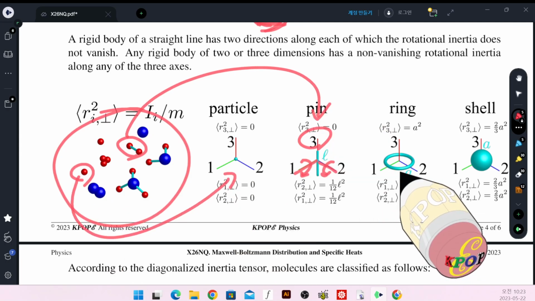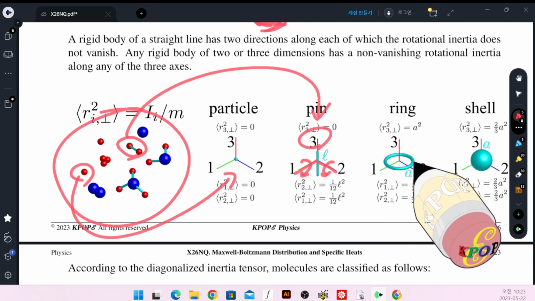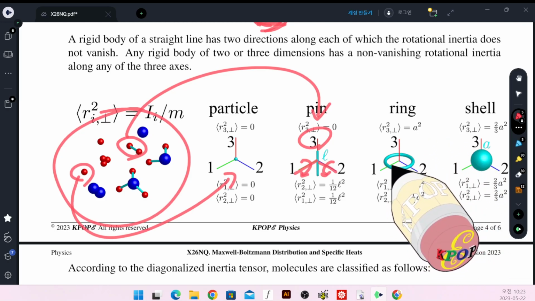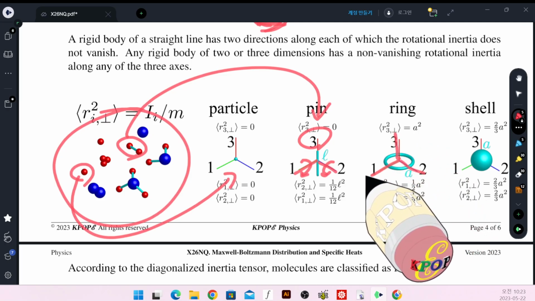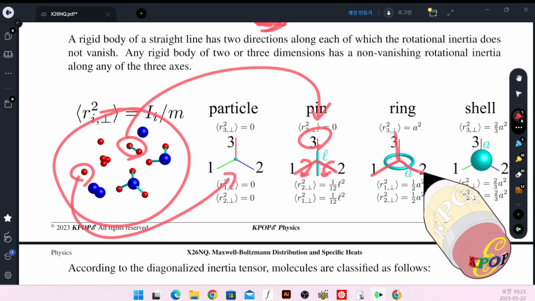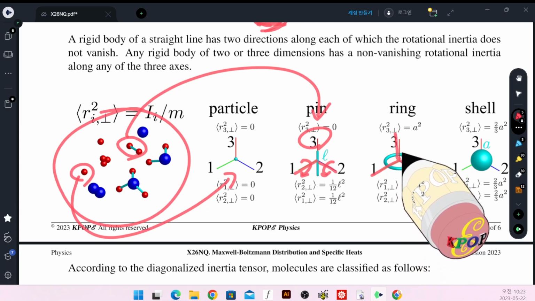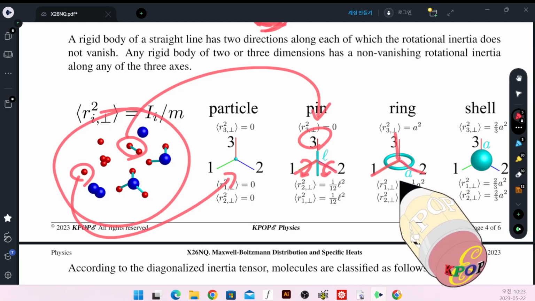And then what about this? This is a kind of ring. We remember the rotational inertia of a ring. Even if the inertias are different depending on the axis of rotation, all of the three axes will give a non-vanishing value.